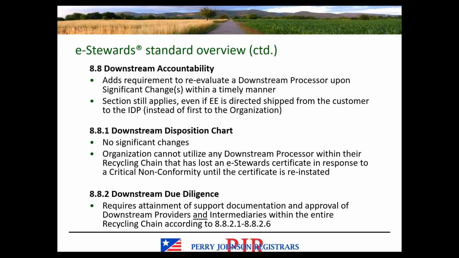So if a downstream processor anywhere in the recycling chain was e-Stewards and they are not currently e-Stewards certified, you would not be able to use them until if or when they are recertified to e-Stewards.